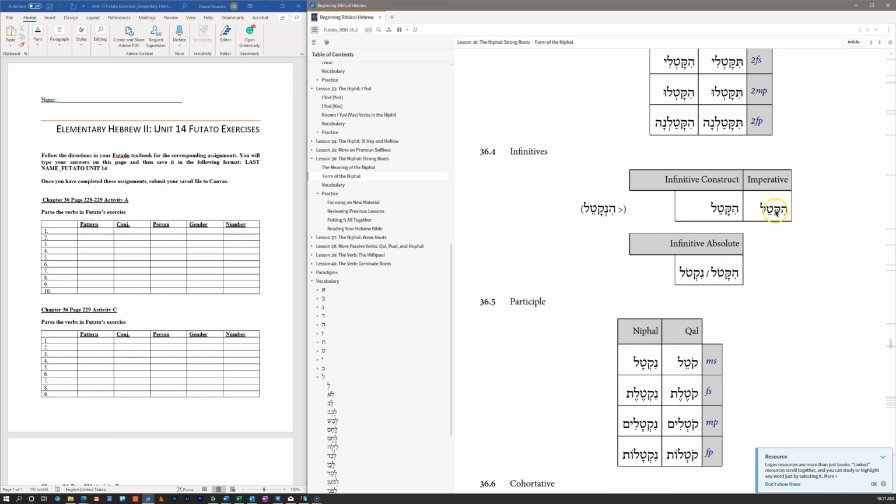Here, which is what I would have expected the imperative to have, the sere, but here, I'm just going to check another grammar real quick because that's so unexpected that I want to make sure that's right. So let me grab, here we go. Grab another grammar here and pull this up. We are looking at the Niphal infinitive construct.